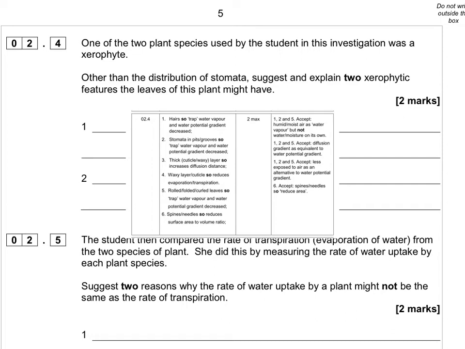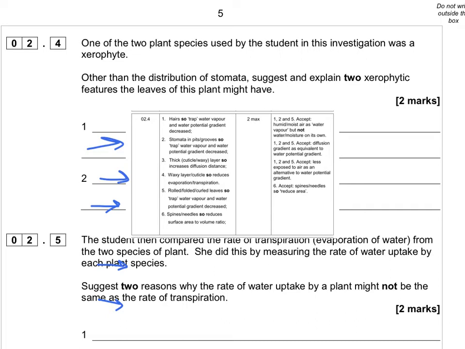The key ones, if you've looked at xerophytic plants such as marram grass, are that stomata are in pits, or that cacti, for example, have a thick waxy layer, a thick cuticle. Some of them have rolled up, folded leaves so they trap water vapor, or spines so they reduce the surface area, or lastly, hairs so they trap water vapor.